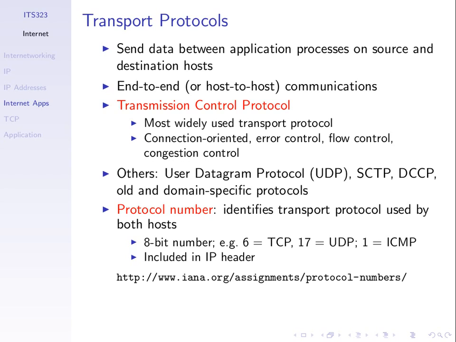There are different transport protocols, but the main one that we need to be aware of is TCP, the Transmission Control Protocol. It's very important because it provides error control, meaning if we send data, it will handle retransmissions. It provides flow control in that if we send data too fast, it will slow down so that we don't overflow the receiver.